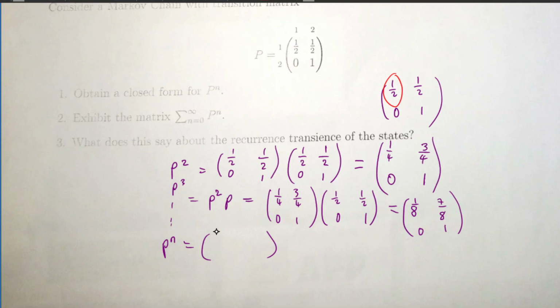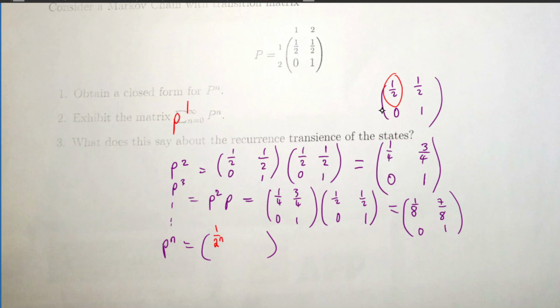So from this it can just be 1/2 to the power n. So when n is 1, since P to the power 1 is this one, we're going to have 1/2 to the power 1.